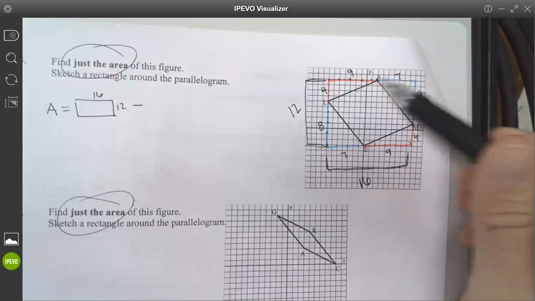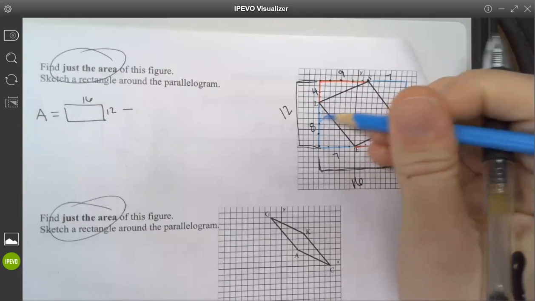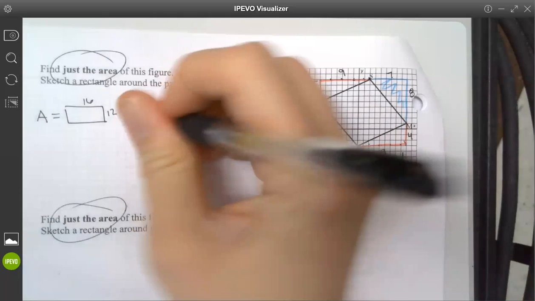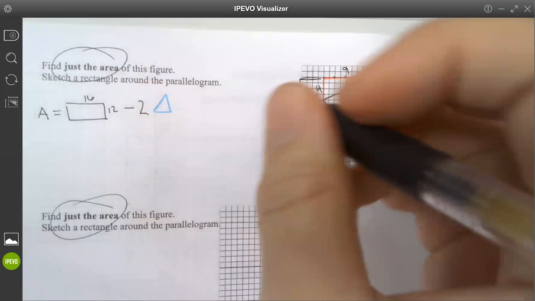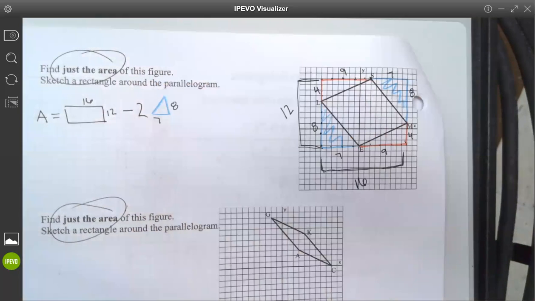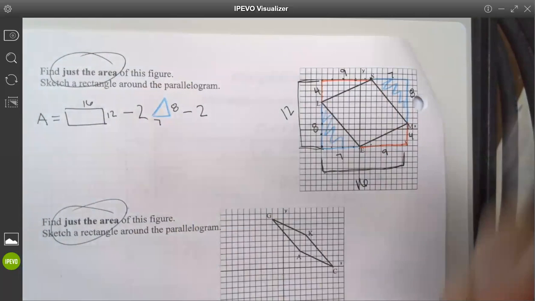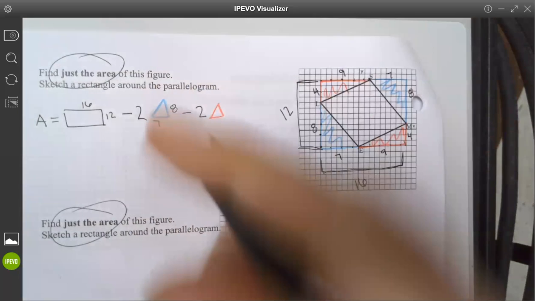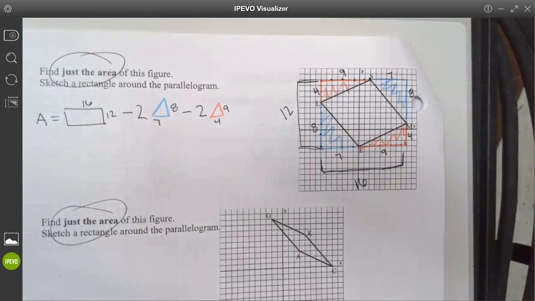What's this total area here? And then let's subtract out these triangle chunks. So subtract 2 triangles that are 7 by 8 and subtract out 2 of these triangles that are 4 and 9 for the legs, and that's going to leave me with that inside area, okay?